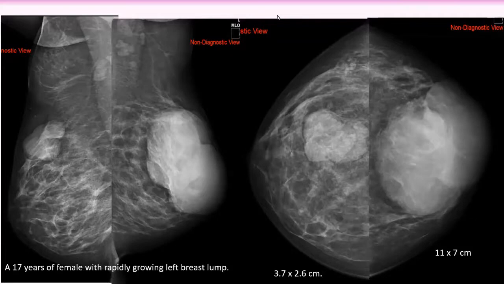It is rare, but it can present with features simulating phylloides tumor, which is juvenile fibroadenoma. Excellent, well done. Juvenile fibroadenoma.